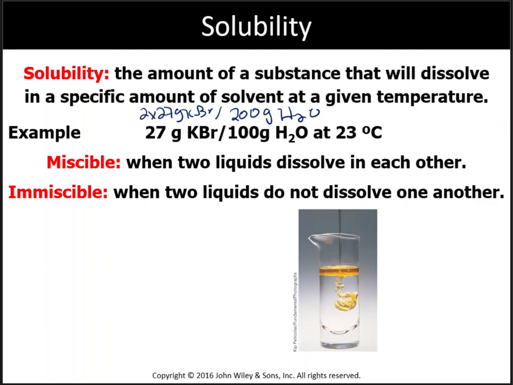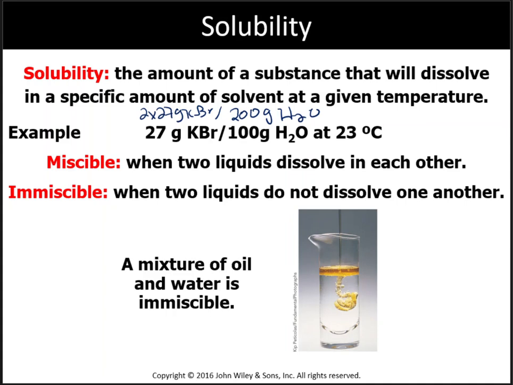So for liquid solutions, we use different terms, miscible and immiscible. So miscible is, again, for liquid solutions. That's when 2 liquids dissolve in each other. We call them miscible. And if 2 liquids don't dissolve in each other, we call it immiscible.